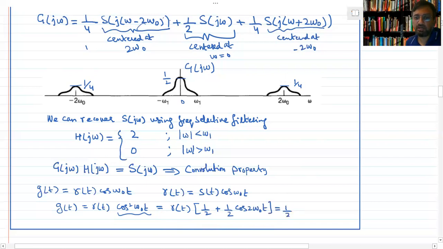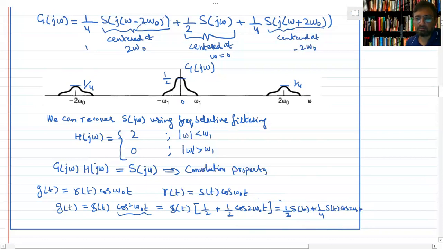So we get 1/2 St plus 1 by 4 St times cos 2 omega naught t.